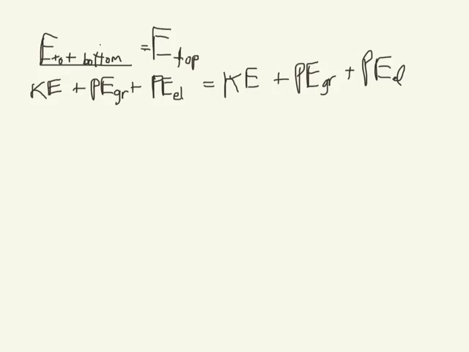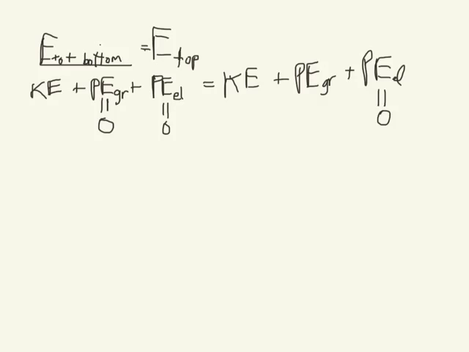But in our simple case, most of these terms are going to end up being zero. Since the bullet's shot from the ground, we'll just call it an initial potential energy of 0. It's not in a spring, nor does it ever compress a spring or stretch a band or anything like that, so it never has any elastic energy.